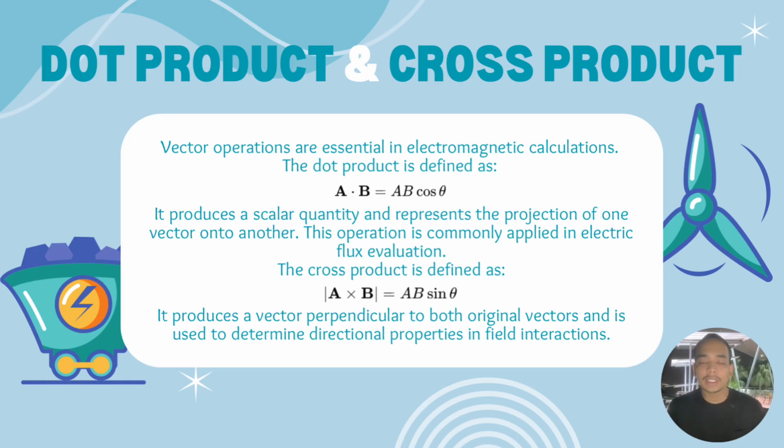The cross product is defined in magnitude as the magnitude of A cross B equals AB sin theta. In component form, it can be written using the determinant of unit vectors and components. The cross product produces a vector perpendicular to both original vectors and follows the right-hand rule.